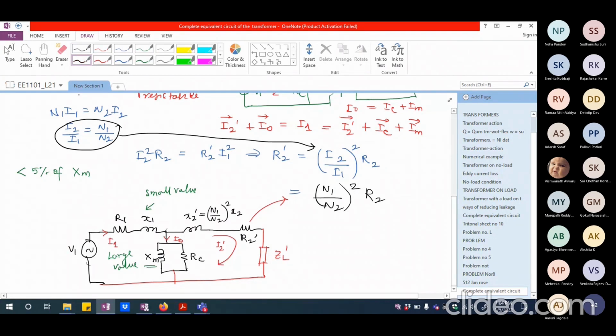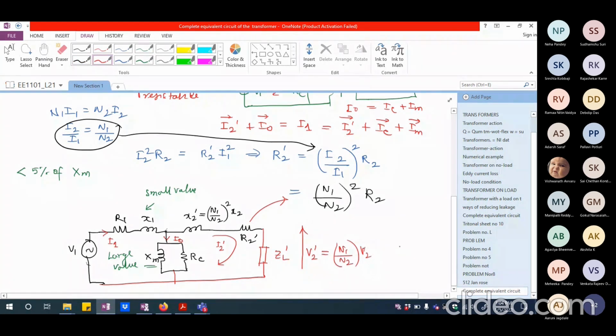Okay. And I will get, of course, normally V2 here. I'm going to write that as V2 dash. Again, shifted to the other side, and V2 dash is going to be N1 divided by N2 multiplied by V2. Right?